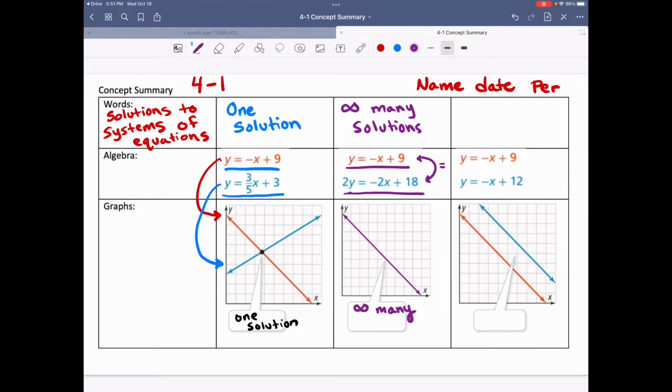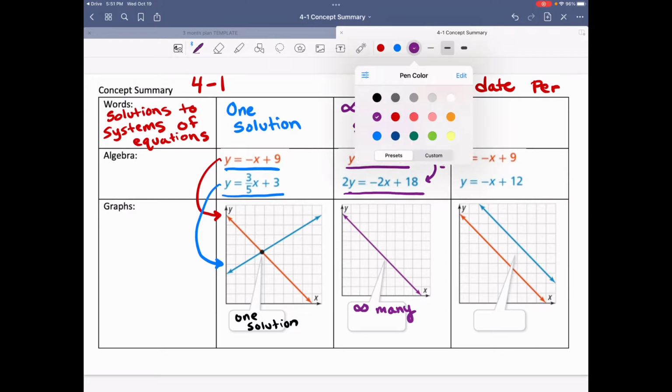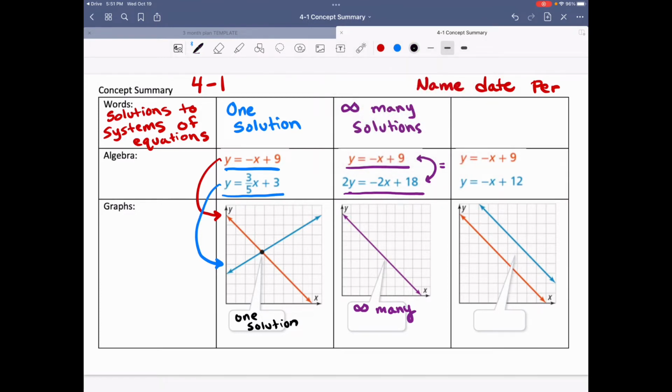And our last box in our graphic organizer shows what happens when we have parallel lines. When you have parallel lines, they never cross, so you have no solution. And the reason why is because they are parallel.